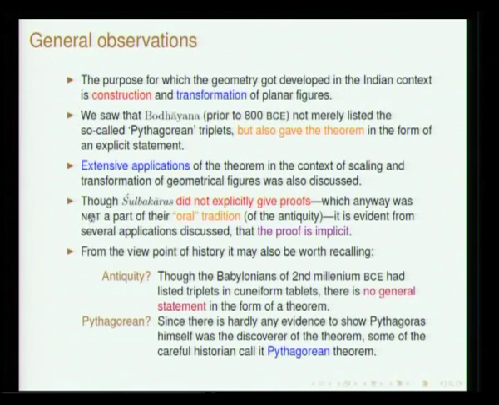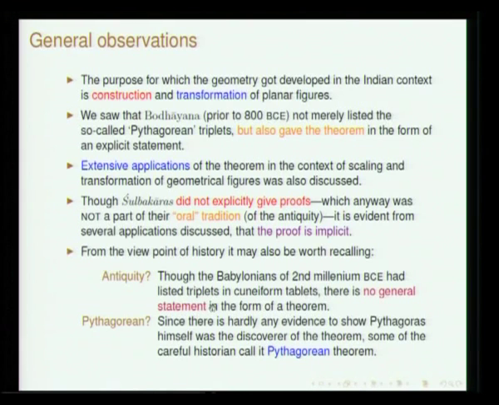So, this was demonstrated. And regarding the antiquity of this Bodhayana Sulva Sutra, this is another thing which we need to remember. In this tradition it has been an oral tradition, and therefore, any proof would have been conveyed by the teacher to the taught, though not explicitly available in the sutras themselves.